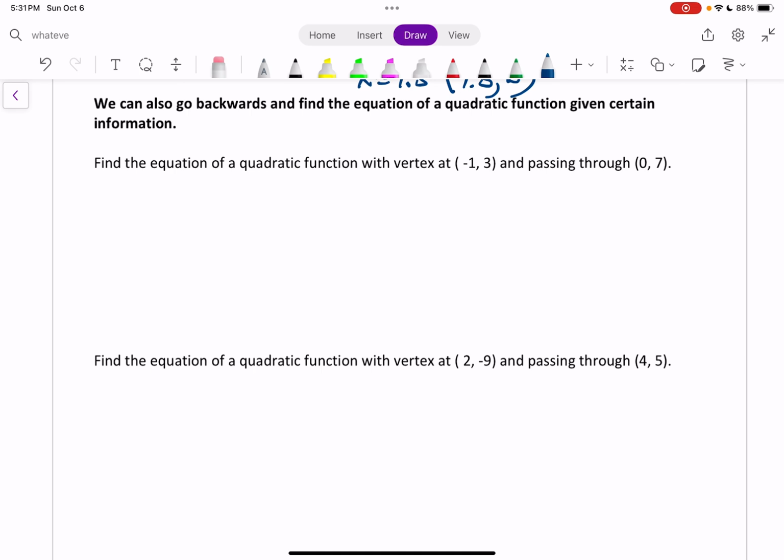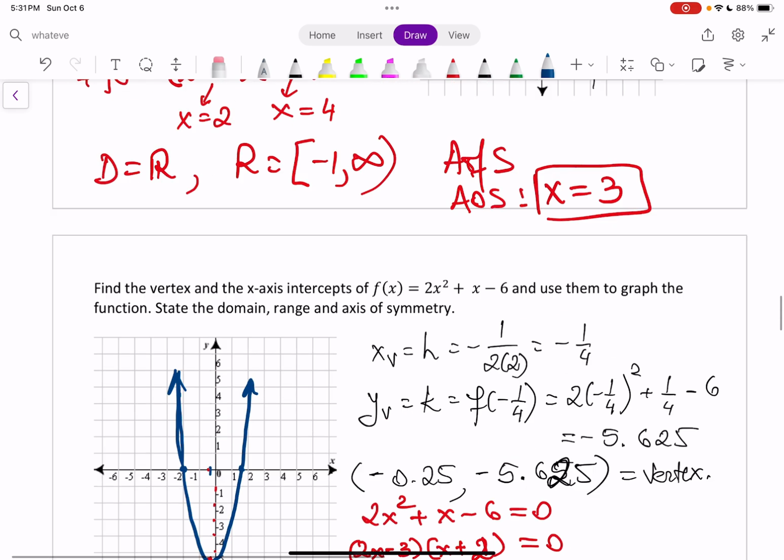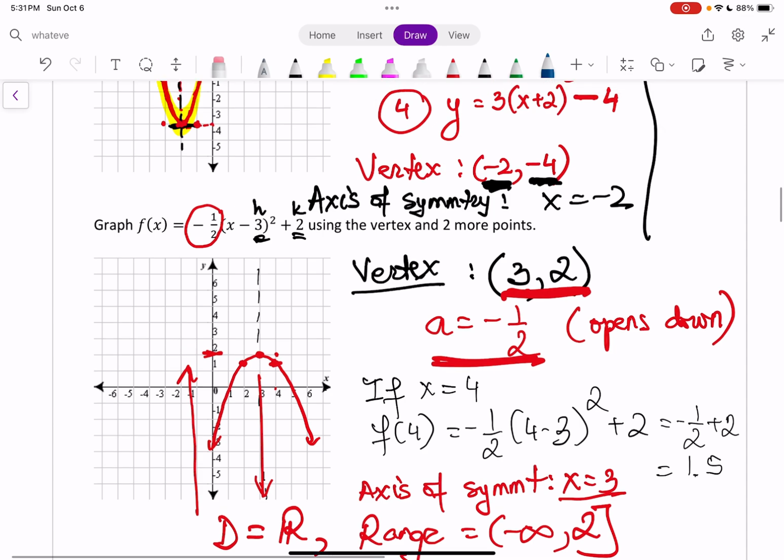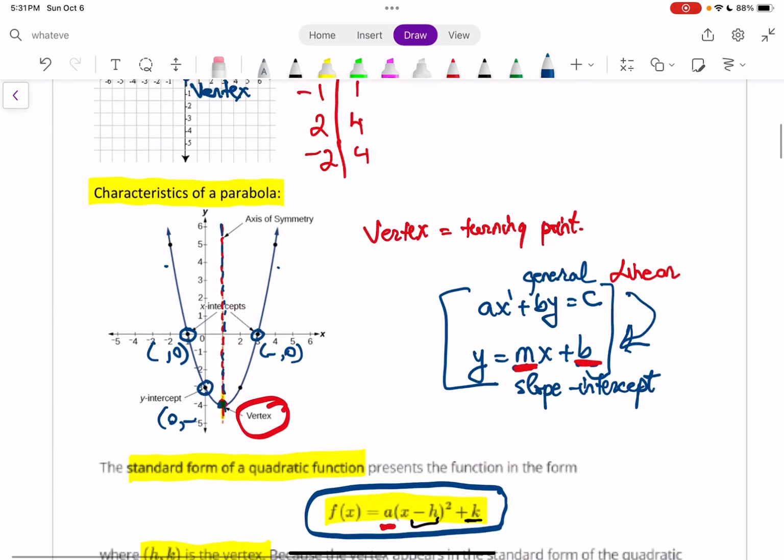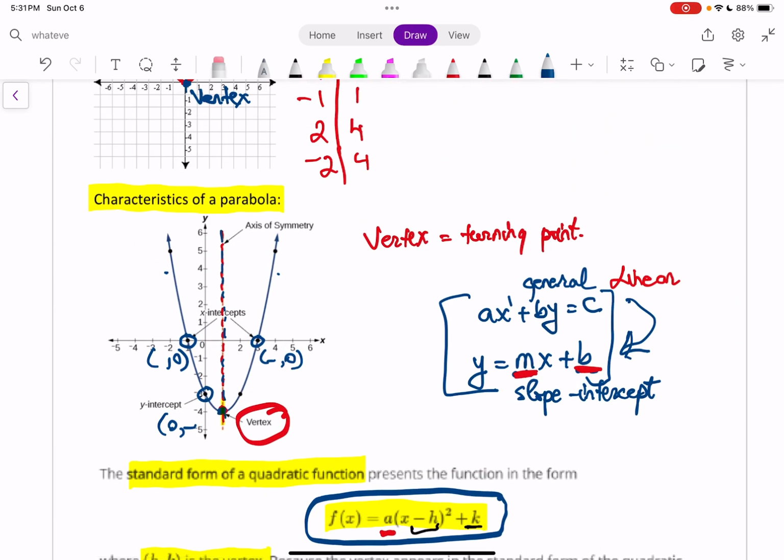So now we're going to practice these problems. Let's go backwards and find the equation of a quadratic function given certain information. Again, that's very much equivalent to what we have learned back when talking about lines in chapter 2. We looked at it forwards, backwards from every point of view.